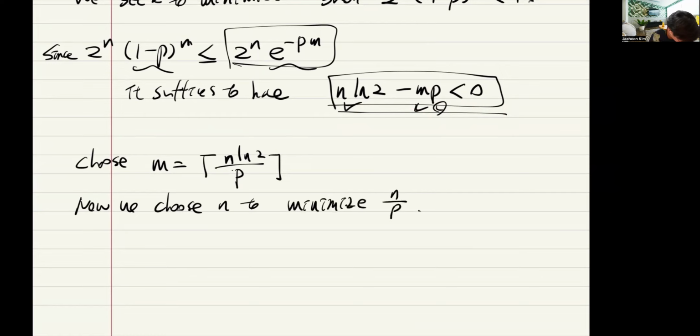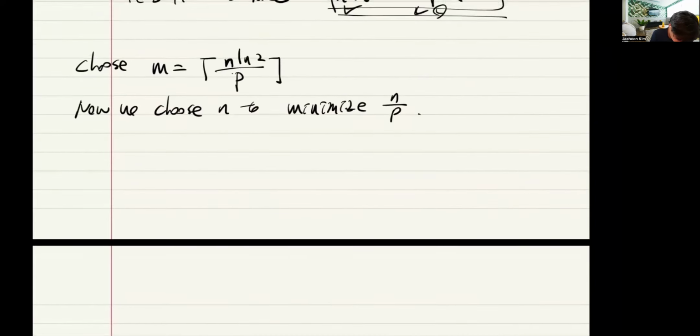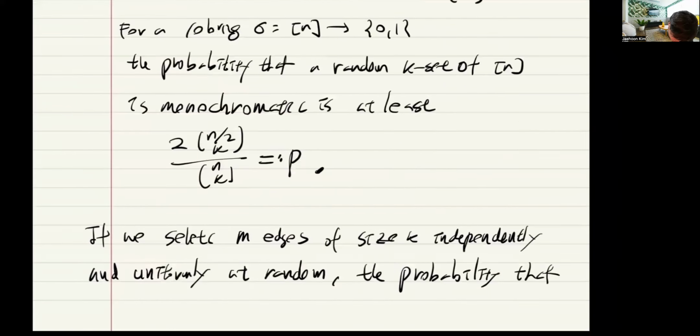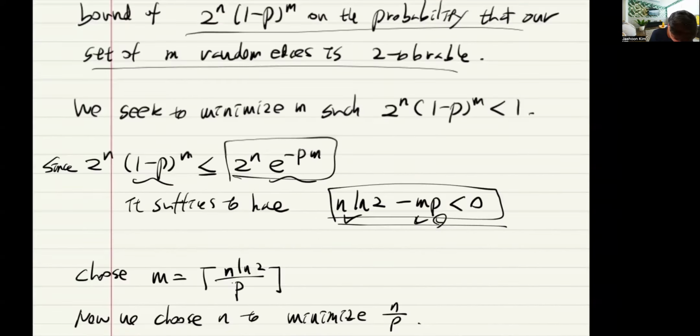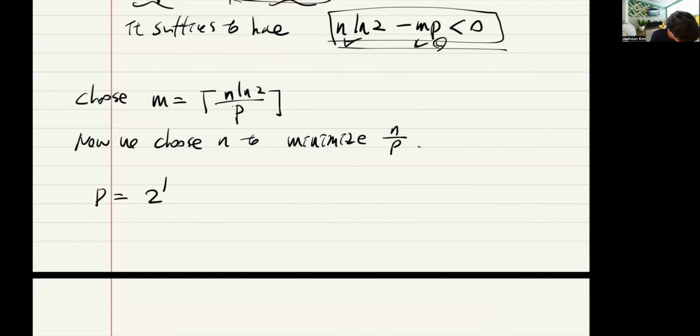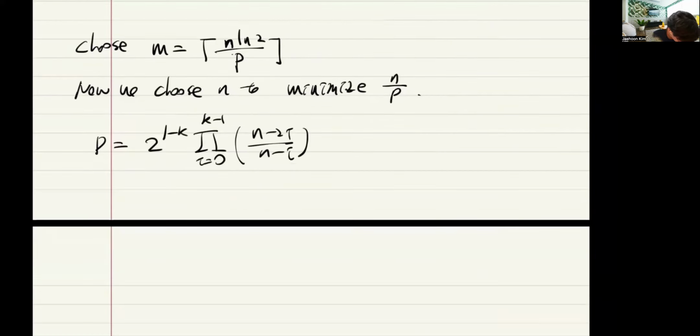In order to do that, we have to minimize n over p. So recall that p is what? p is this number. If you spell it out, it's 2 to the 1 minus k times the product of (n minus 2i) over (n minus i).